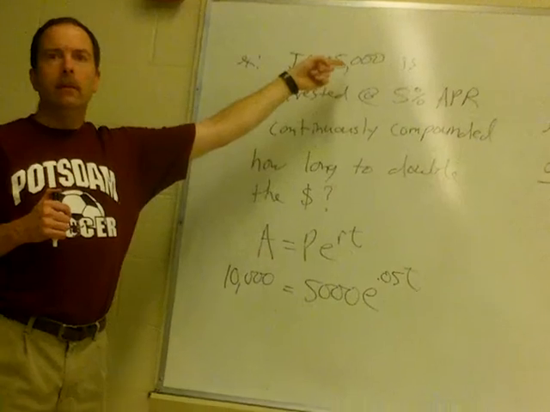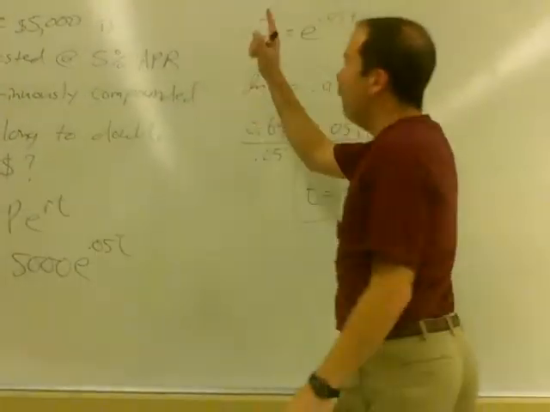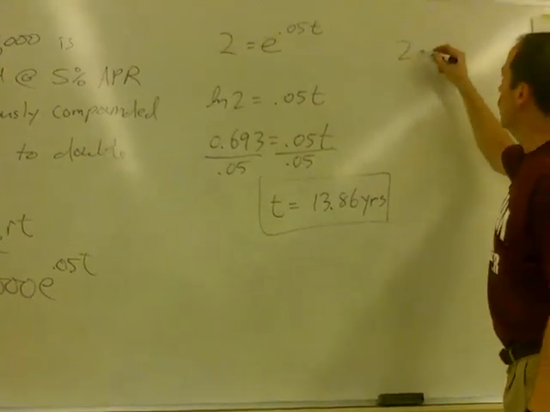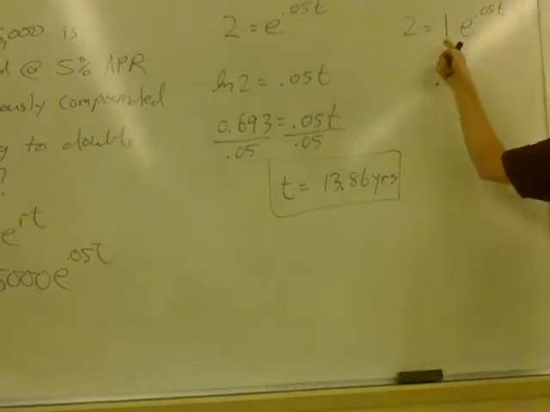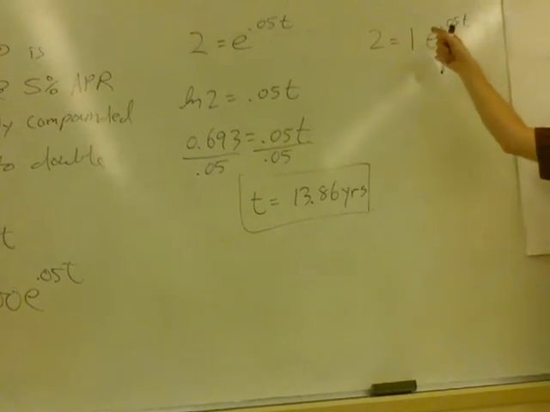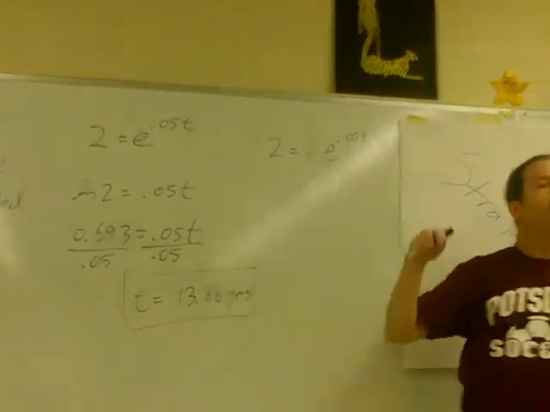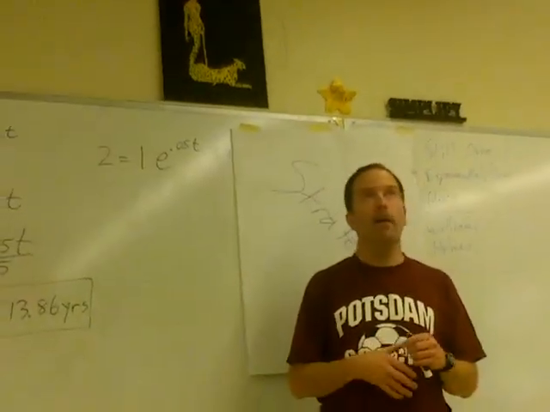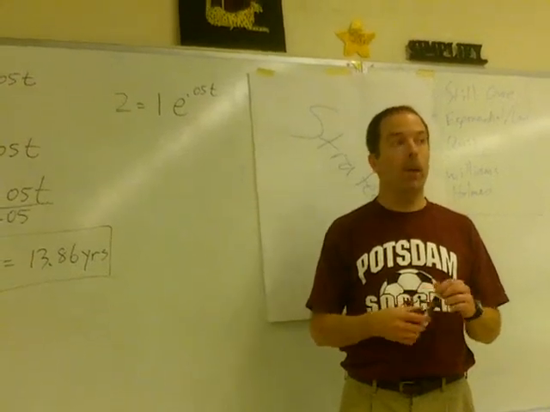We could use a PERT like this, only instead of $5,000 and $10,000, we could invest $1 and get $2. It would be exactly the same amount of years. The amount of time to double or triple doesn't depend on how much money you start with.